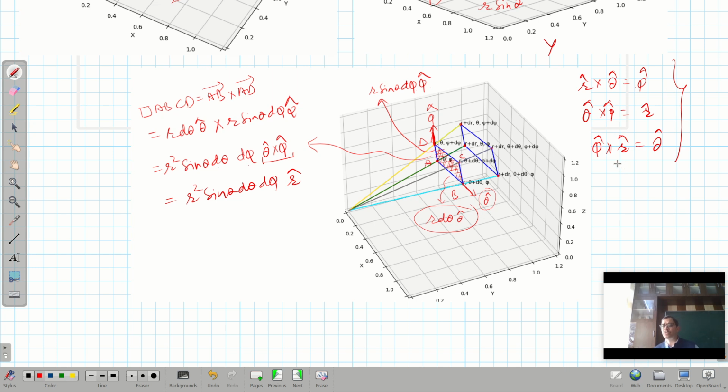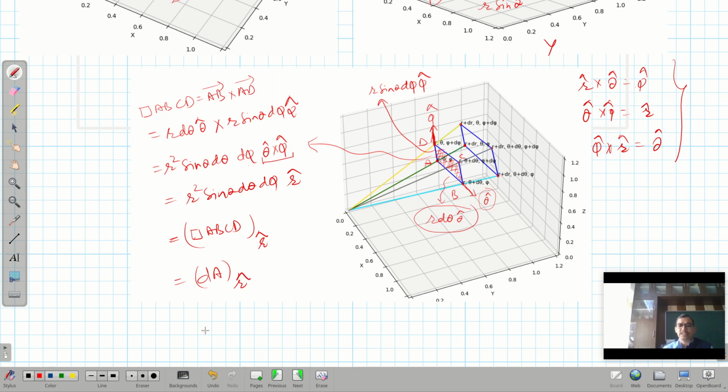So I use that concept. That means this area element is basically along r cap. So this area ABCD is along r cap, right? This is the one part which I have derived, and let us call it the area element along r cap.